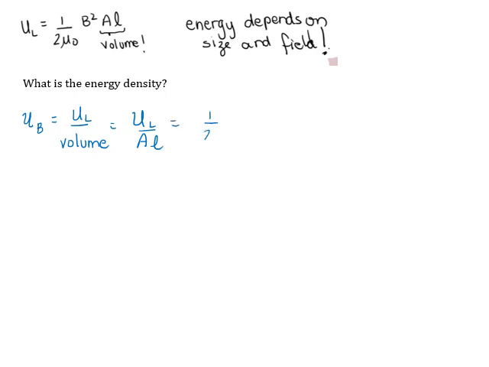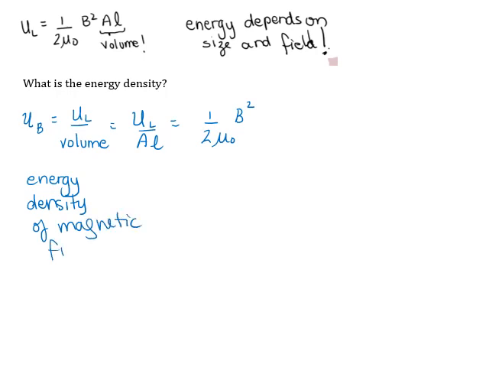We see that that's 1 over 2 mu naught times B squared. The potential energy is a capital U. The energy density is a lowercase u, equal to 1 over 2 mu naught times B squared. That's our energy density.